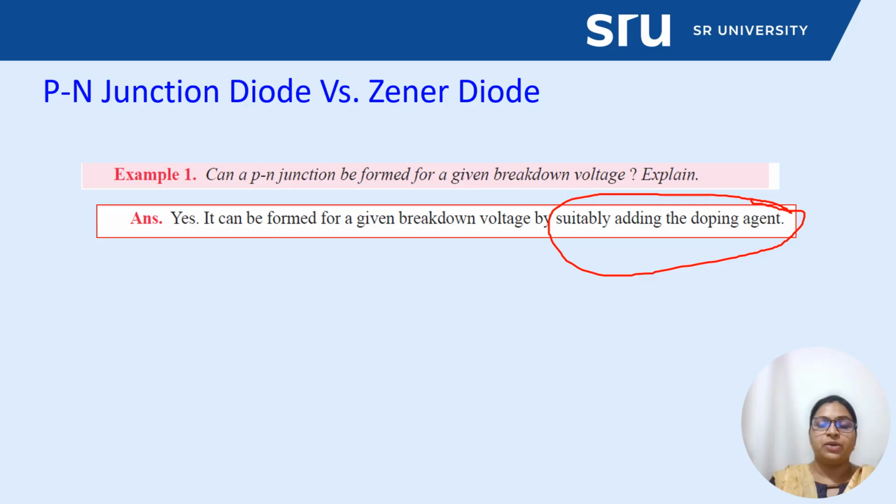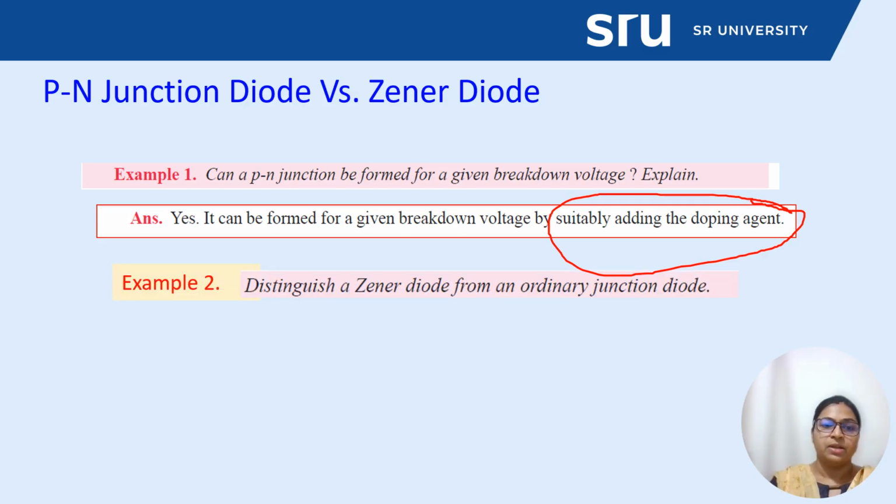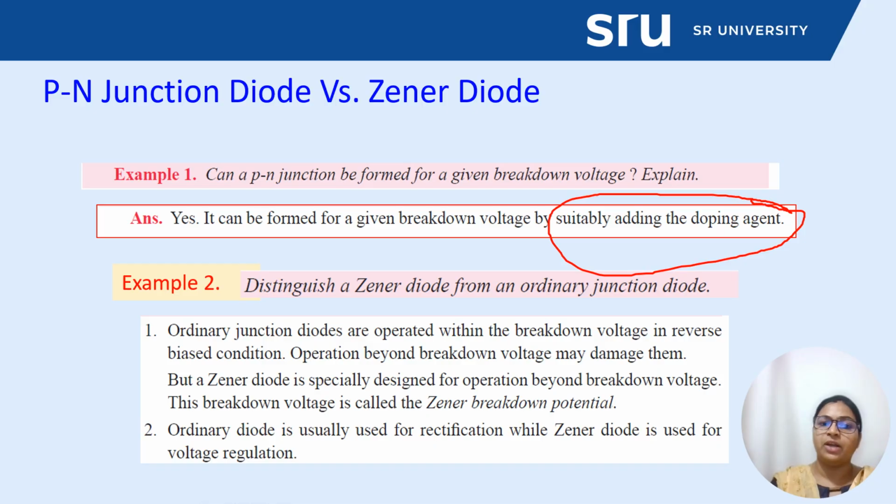And let's see the general difference of the Zener diode over the normal diode. Ordinary diodes are operated within the breakdown voltage in reverse bias condition. Operation beyond breakdown voltage may damage them, that means damage of the diode.